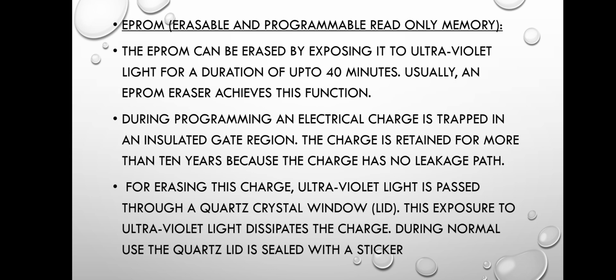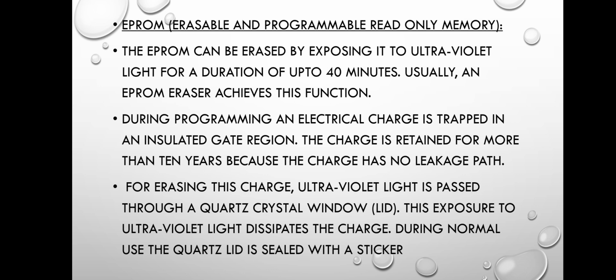EPROM. The EPROM can be erased by exposing it to ultraviolet light for a duration of up to 40 minutes. Usually an EPROM eraser achieves this function. During programming, an electrical charge is trapped in an insulated gate region.